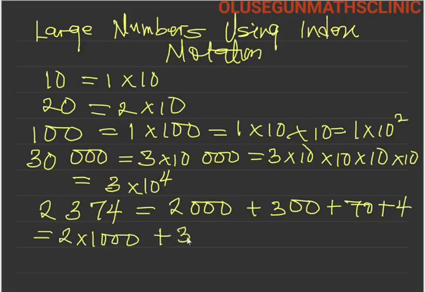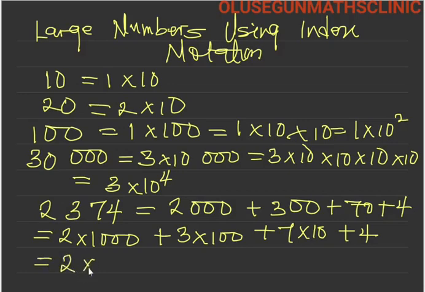Now plus 3 times 100, plus 7 times 10, plus 4. What we are trying to do here is to know the number of tens that occur. That is 2 times 10 to the power of 3, because it occurs 3 times: 1, 2, 3.